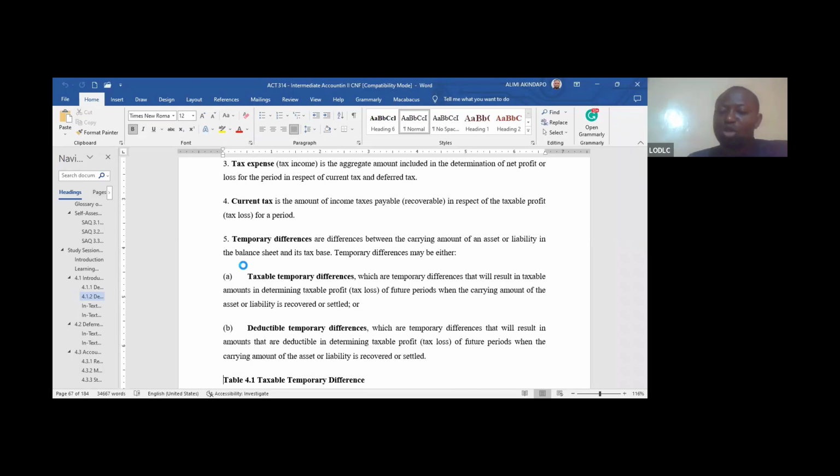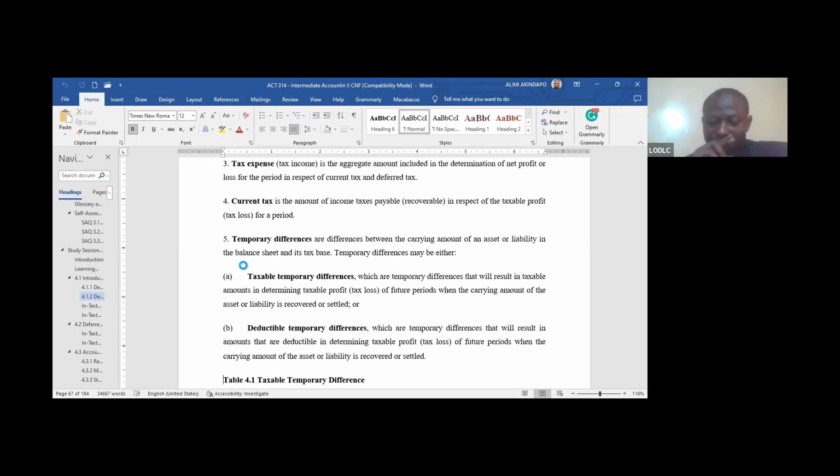So taxable temporary differences result in a taxable amount in determining taxable profit of a future period. Deductible temporary differences are temporary differences that will result in amounts that are deductible in determining taxable profit of a future period when the carrying amount of the asset or liability is recovered or settled.